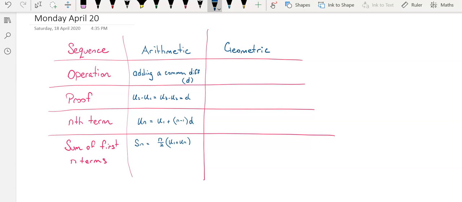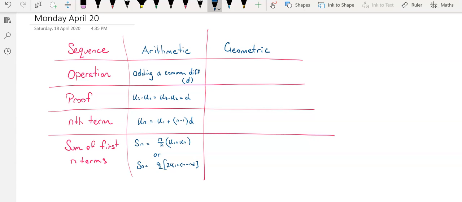Quite often though we don't know that last term, and it's going to be easier for us to use the other one, which says n over 2 times twice the first term plus n minus 1 times d. Remember, that is achieved just by substituting un with u1 plus n minus 1 d into this expression. We get the second one.